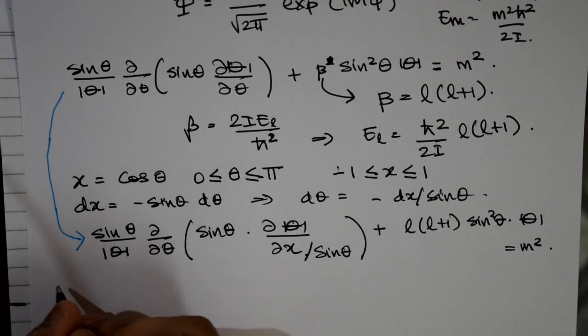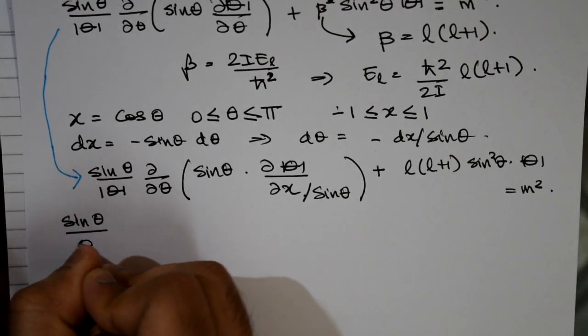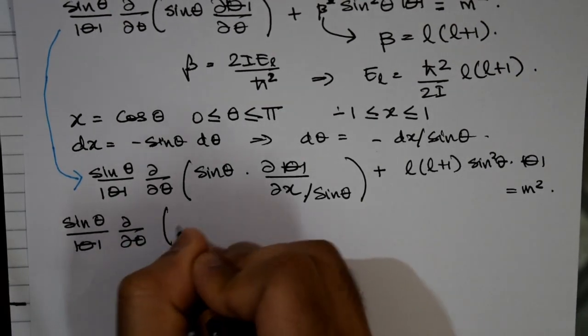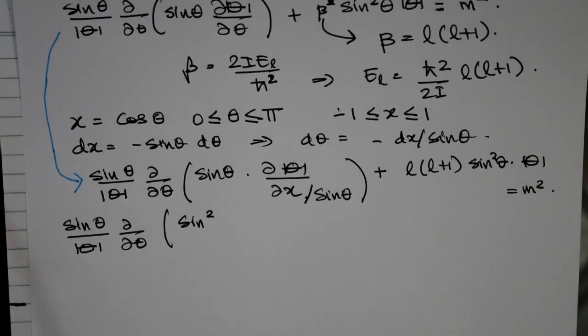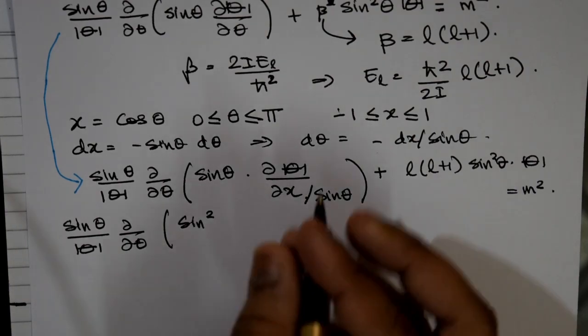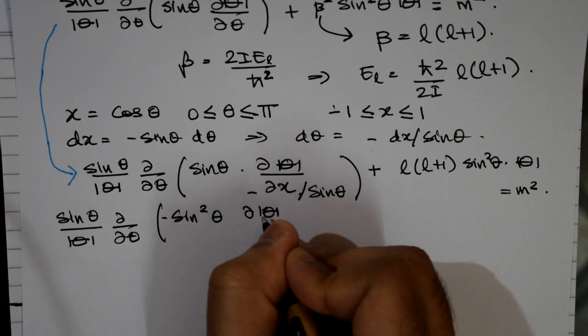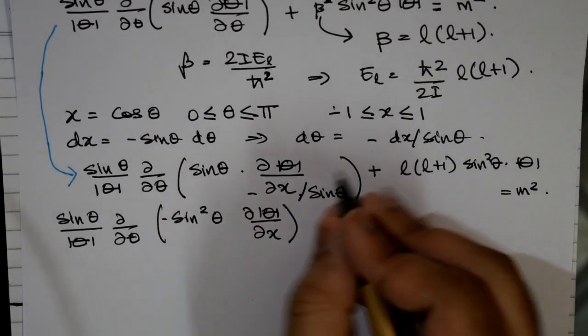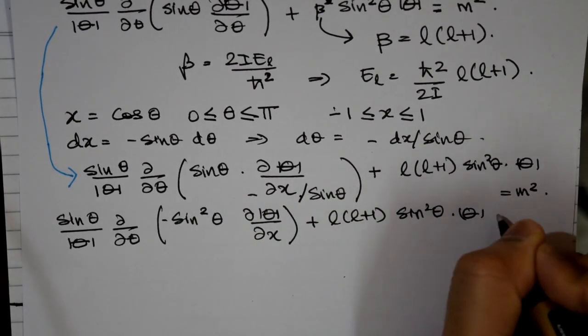Having done this, we are able to realize that it's sine theta divided by capital theta, sine square minus sine square of theta dou theta by dou x plus L into L plus 1 sine square theta times capital theta is equal to m square.